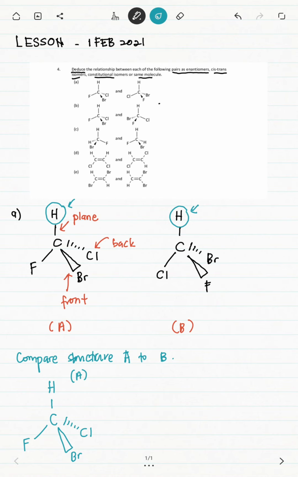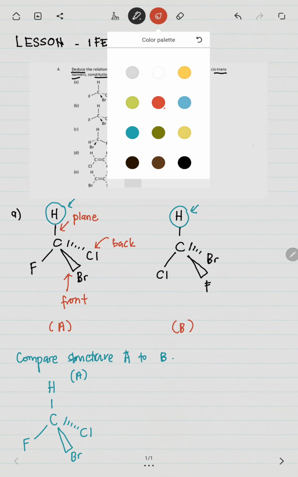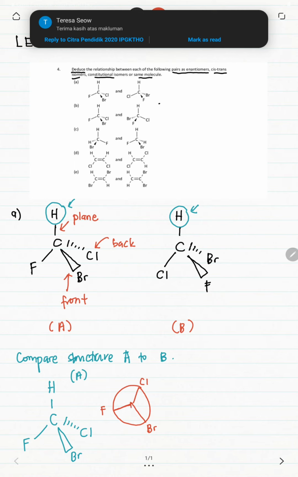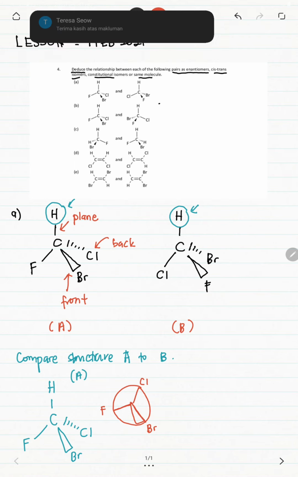According to this carbon atom, if I form it into a circle, I divide it into 3 areas. This is your chlorine atom, this is your fluorine atom and this is our Br atom. The fluorine atom here is the plane projection, bromine is the front projection and chlorine is the backward projection.